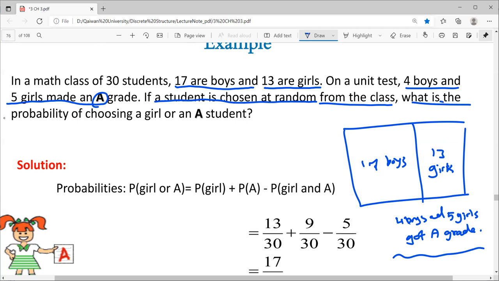And it says, what's the probability of choosing a girl? We have 13 girls. So you take 13 from 30.